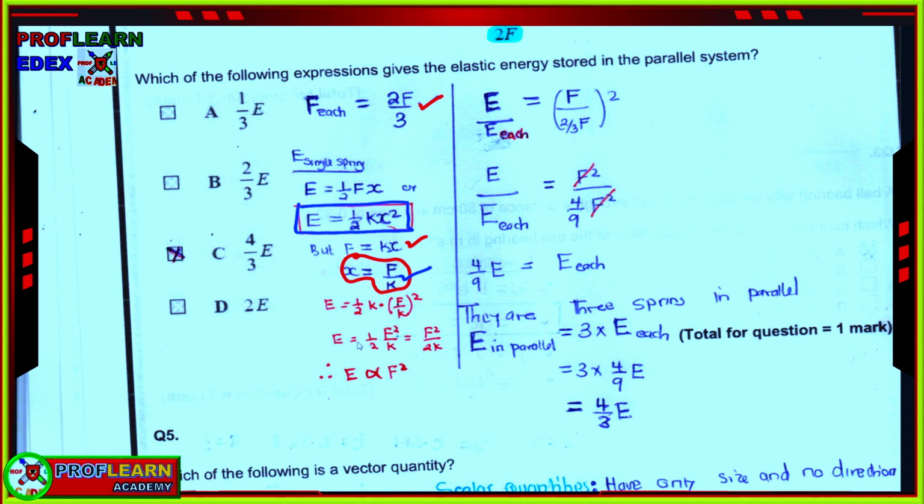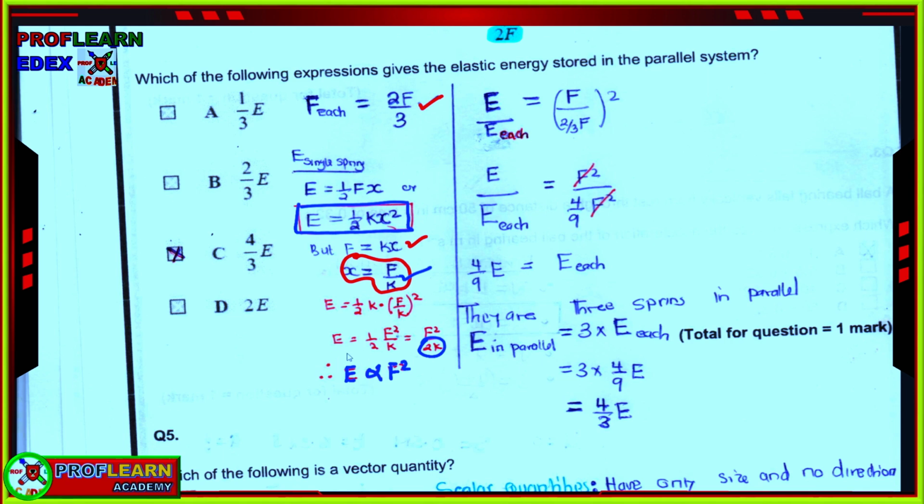Then we have energy equals a half F squared over K, because K will cancel with one K when this is squared, and we shall have energy equals F squared over 2K. But remember, K is a constant.